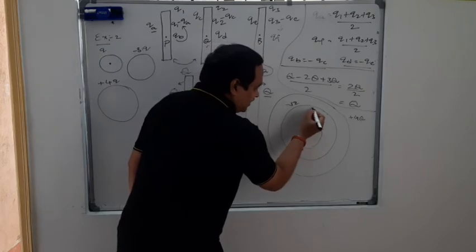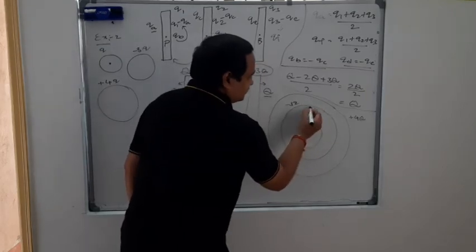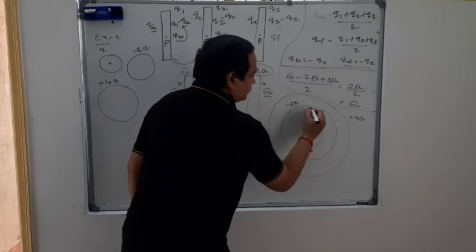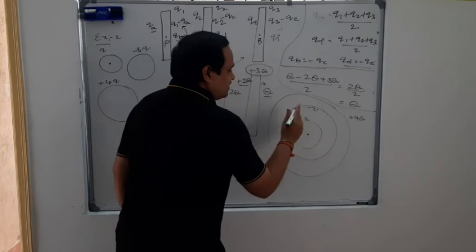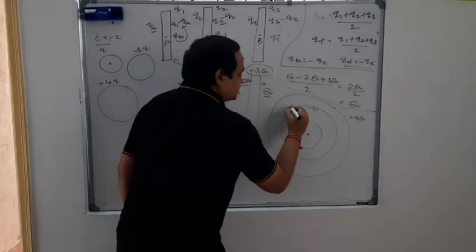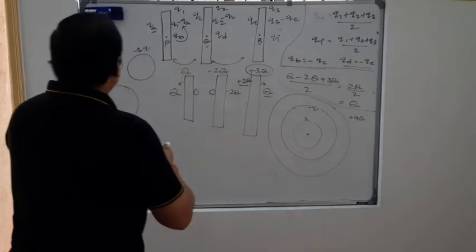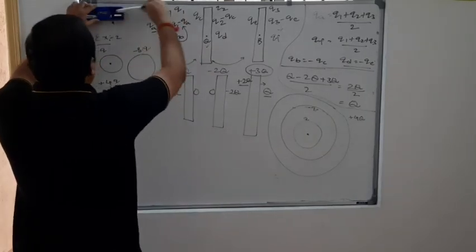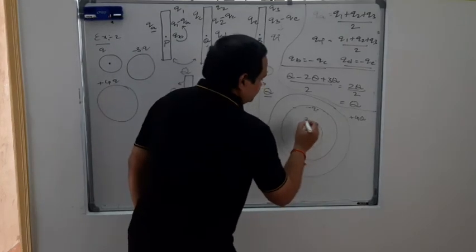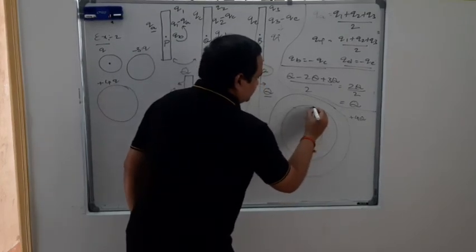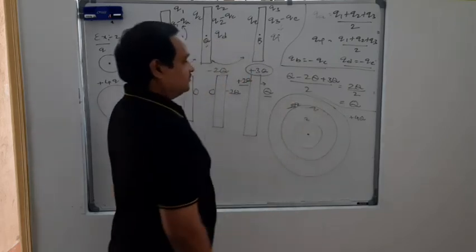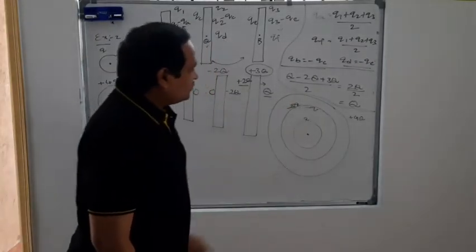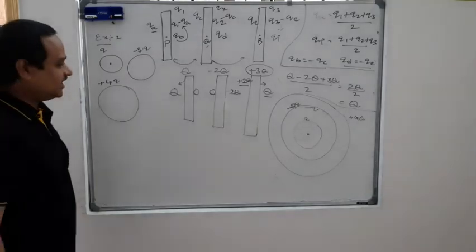So now this end will gain a charge of minus q, correct? And if this gains minus q, then what is the charge gained by the outer surface? Minus 2q, because minus 2q minus q will be minus 3q only, which is the charge of the second shell.